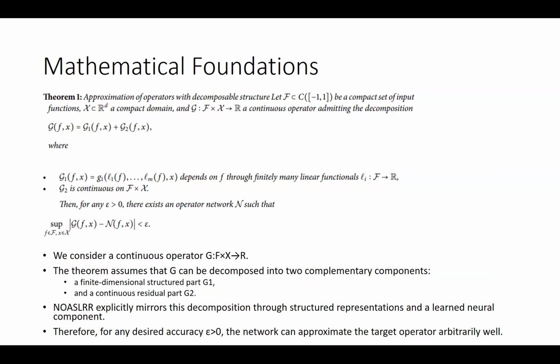The theorem states that for any target accuracy epsilon greater than 0, there exists an operator network configuration of our design that can uniformly approximate this target operator. This provides a theoretical justification for our multi-branch design.